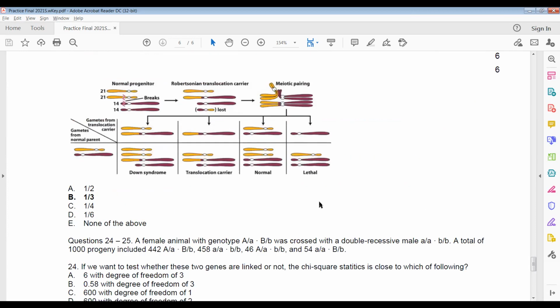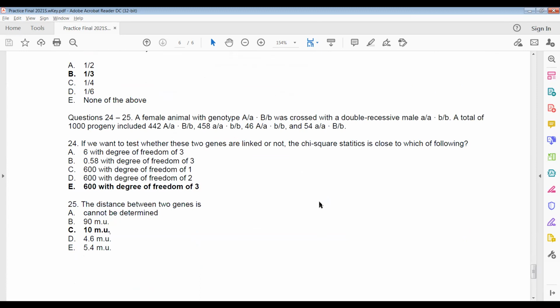How did you get the map units on 25? Oh, 25. Okay. So we have the results from this test cross, right? A hybrid test cross. The first category is this, definitely a parental type. The second category is this parental type, and this will be a recombinant, and this will be a recombinant.